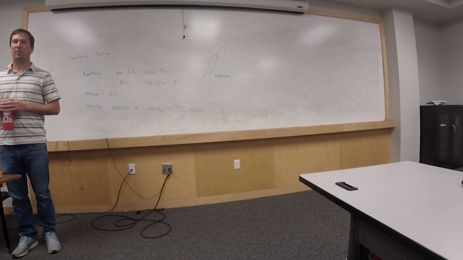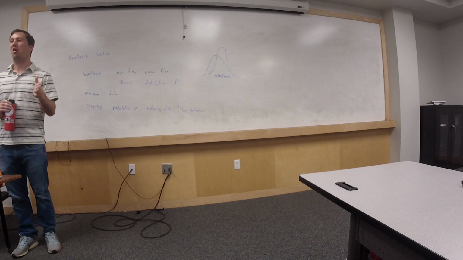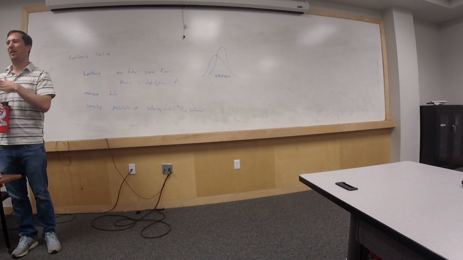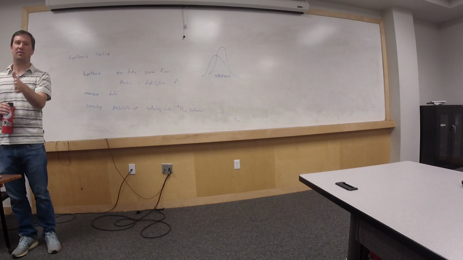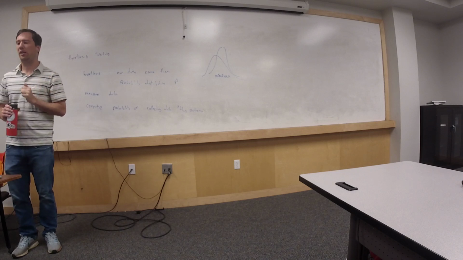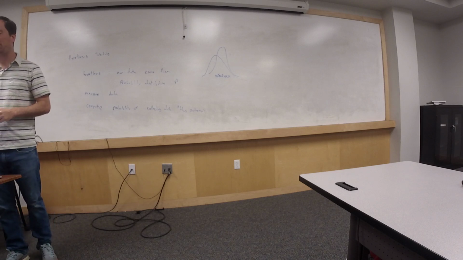And then when we have to make the binary decision, is our hypothesis wrong or not? So we have to pick some cutoff. We say if it's less than this likely to achieve our data, then we will say our hypothesis was wrong. So we call that the p-value.